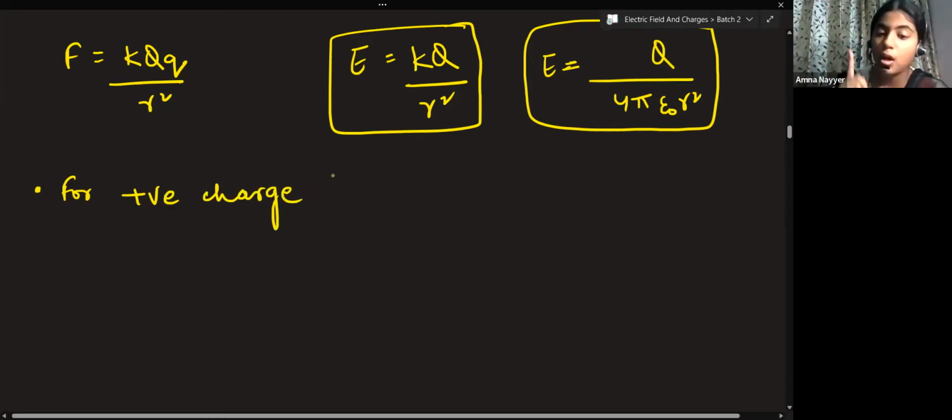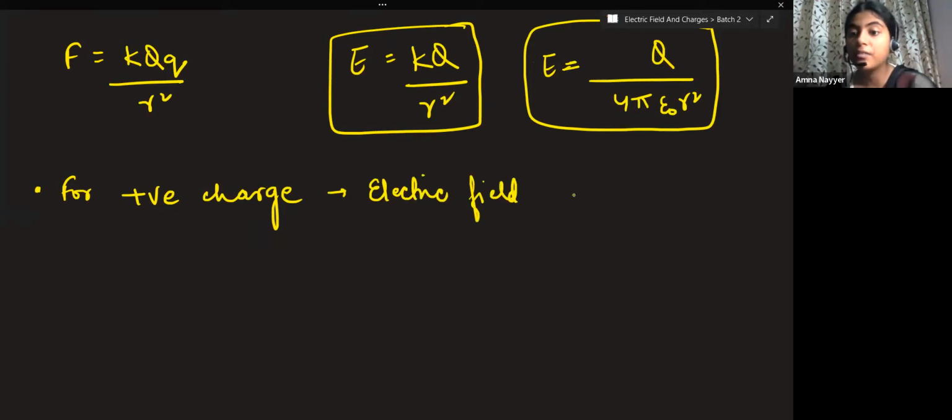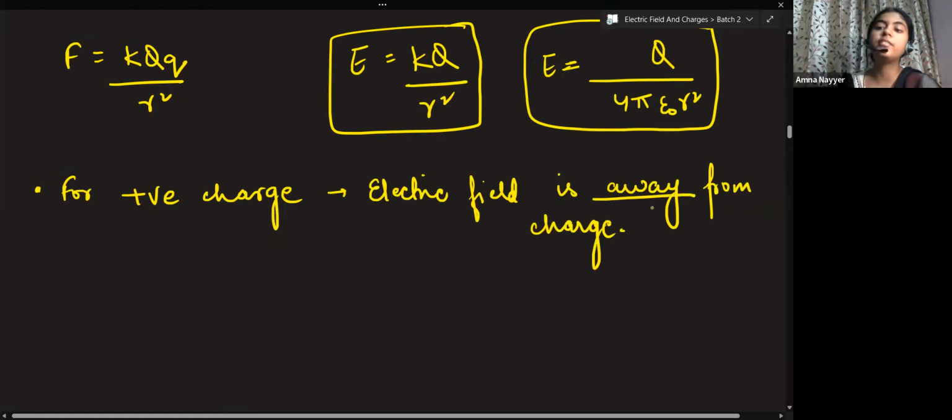For a positive charge, electric field is away from the charge. Electric field will be away for a positive charge.